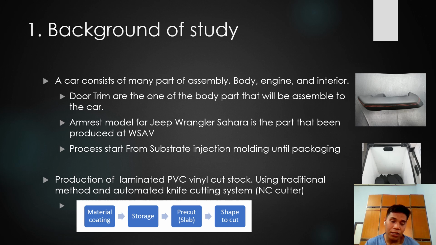So at WSA, we produce Jeep Wranglers for Sahara, and we produce from scratch, from substrate until the wrapping and packaging. The limited PVC vinyl cardstock using traditional method, and NC cutter for automatic PVC vinyl cardstock protection.